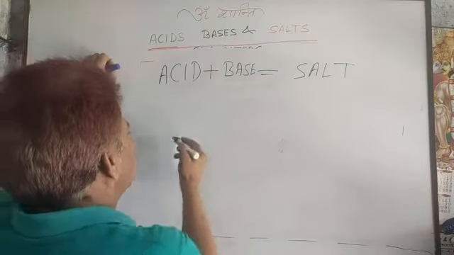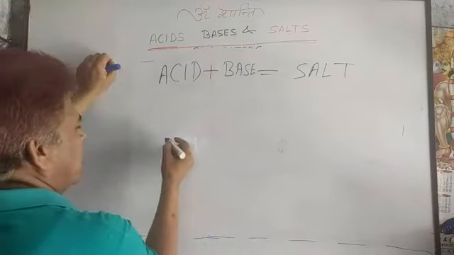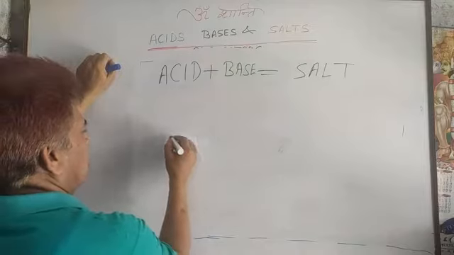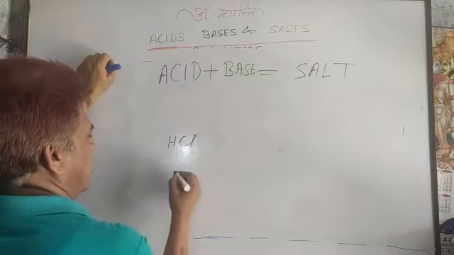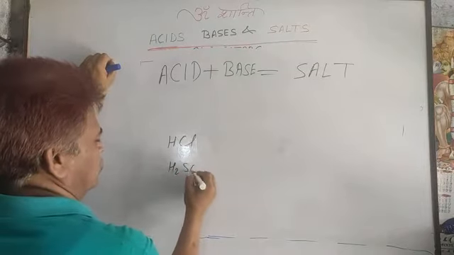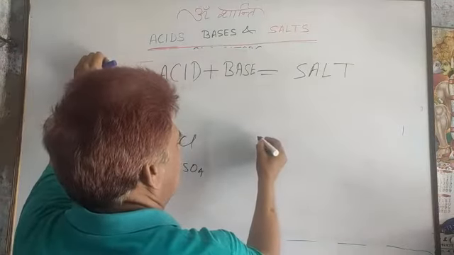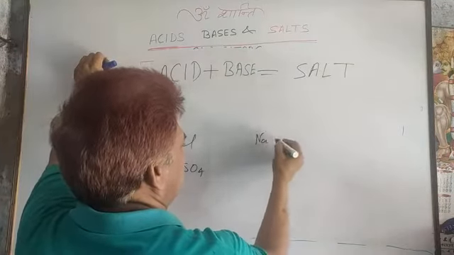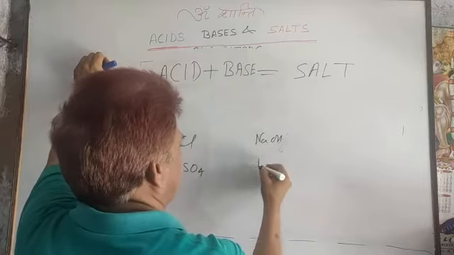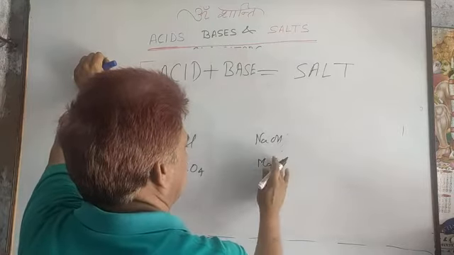If you recall, suppose you take 2 stronger acids like hydrochloric acid and sulfuric acid, and 2 stronger bases like sodium hydroxide and calcium hydroxide.